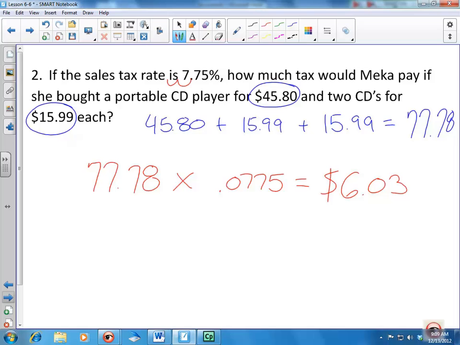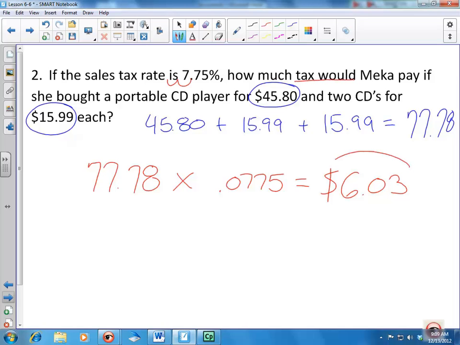Now, on that, I did round to the nearest hundredth, or cent, I guess I should say, because we can't have a part of a cent. Okay, so I got $6.03, which is, actually, that's what the question asks us. It says, how much tax would she pay? Okay, so that'd be our answer.